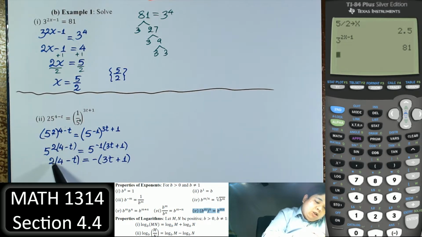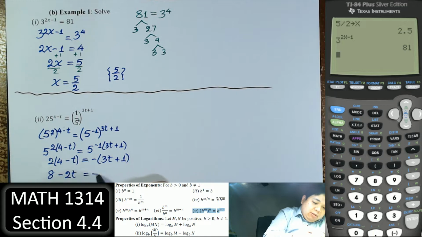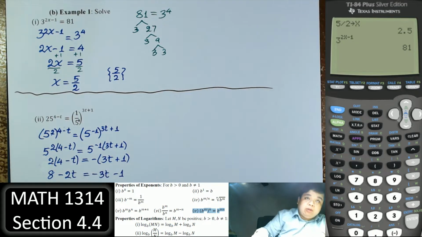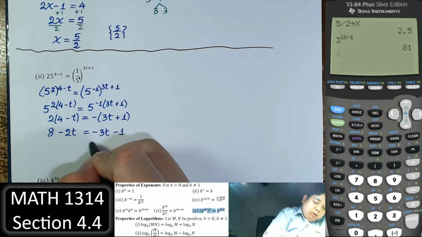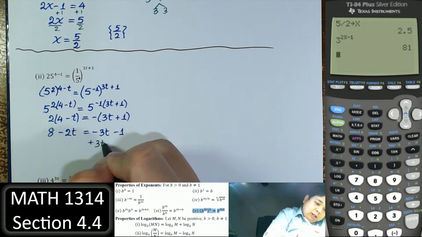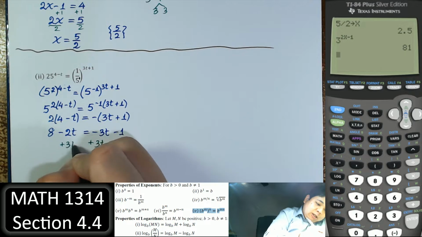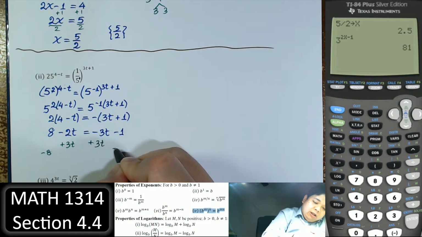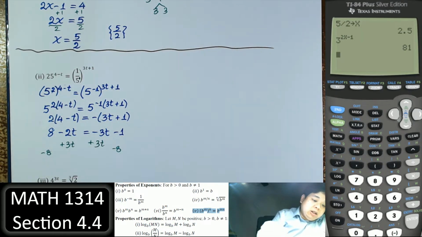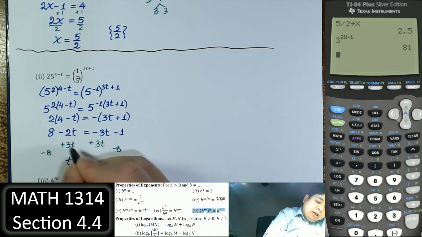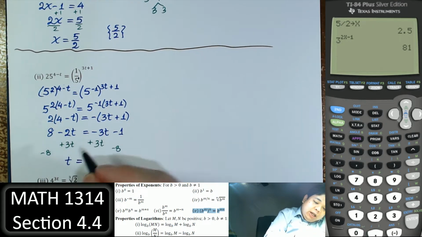Now distribute: 2 times 4 is 8, 2 times negative t, and then minus 3t minus 1. Now try to move t to one side and 8 to the other side. Do that, and we have t equal to negative 9.